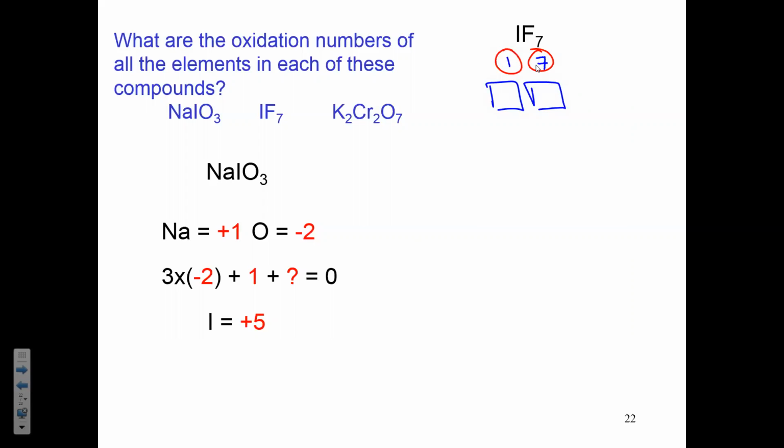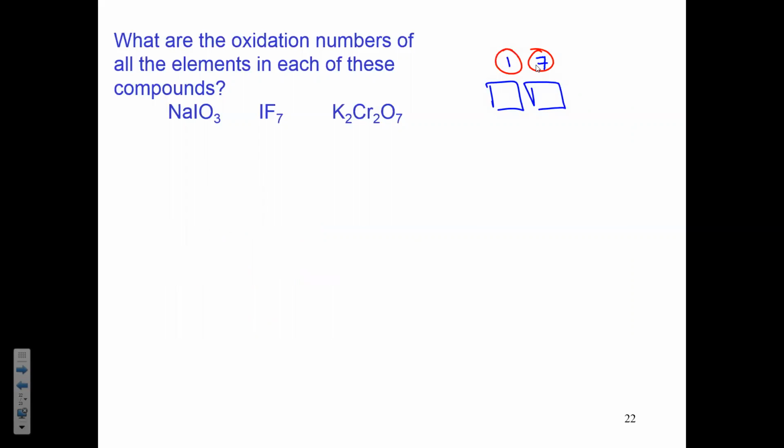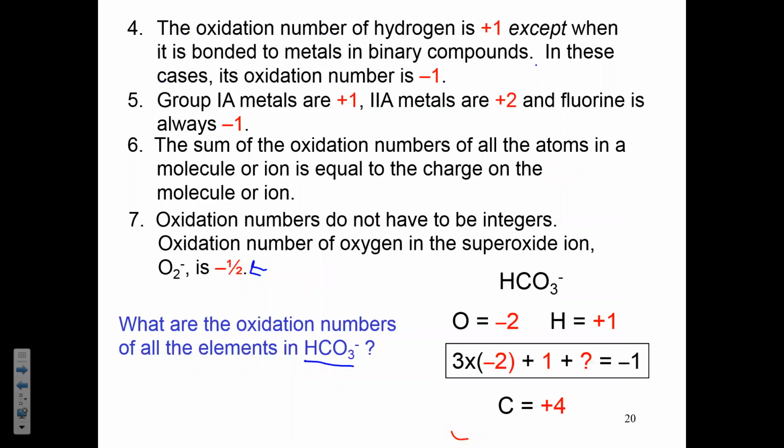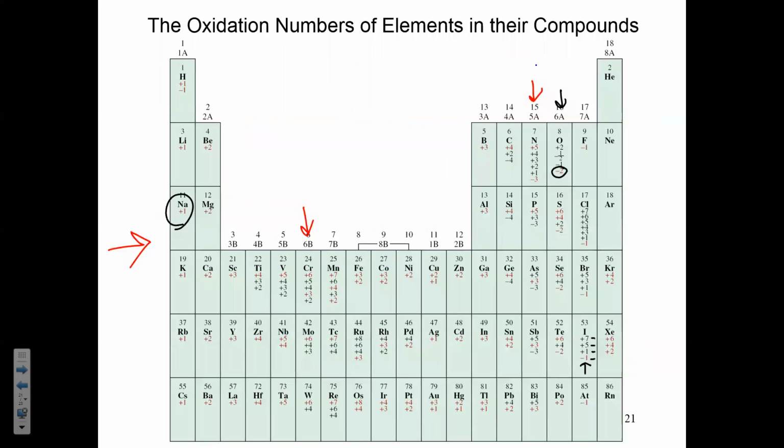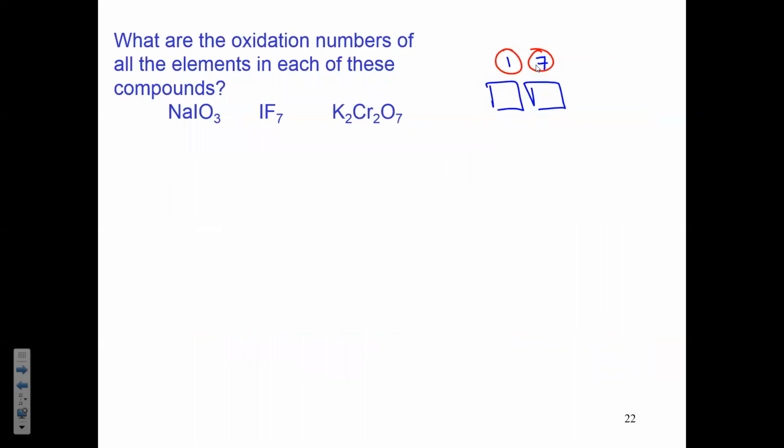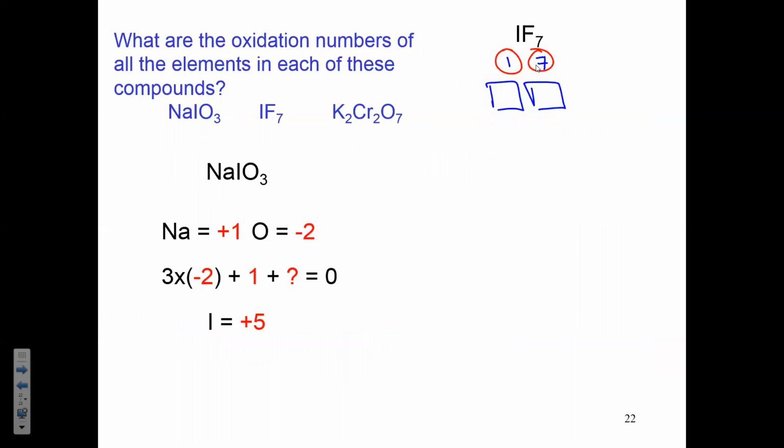Okay, our rule with F, if we go back to our rule page, says fluorine is always a -1. Even if you look on here, it is always a -1. Okay, so we're going to write that. Fluorine then has a -1. So right now we have -7 right here.